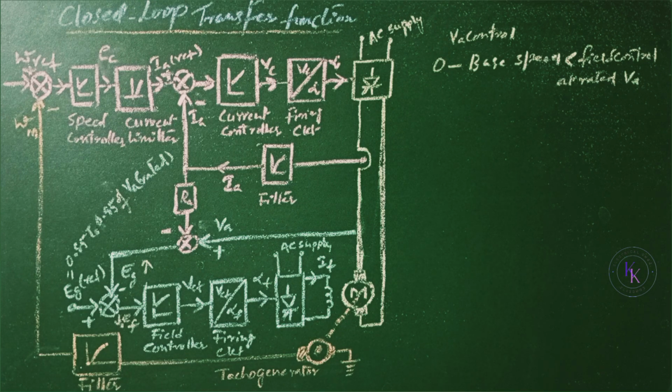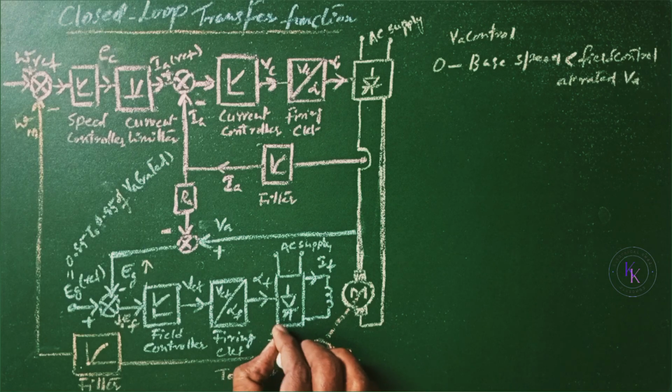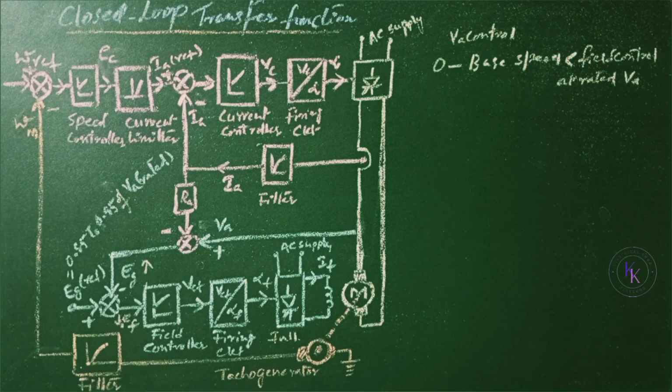Thus, the speed control above the base speed is obtained by field weakening, while the armature terminal voltage is maintained nearer to the rated value. In the field weakening mode, the drive responds very slowly due to the large field time constant. A full converter is normally used in the field because it has the ability to reverse the voltage, thereby reducing the field current much faster than a semi-converter.